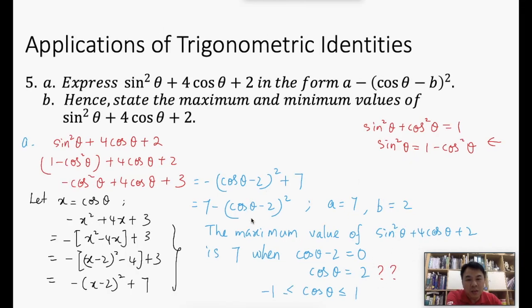So this is the usual way you work with completing the square. You would straight away say that because the coefficient is negative, you will expect a maximum value of 7 when this is equal to 0. But later on we found that there are no solutions for this because cosine is lying between 1 and negative 1.